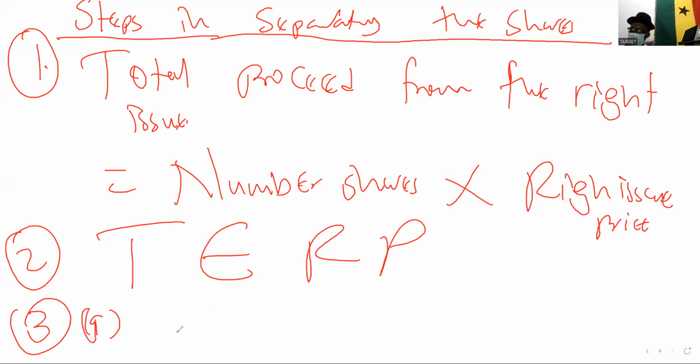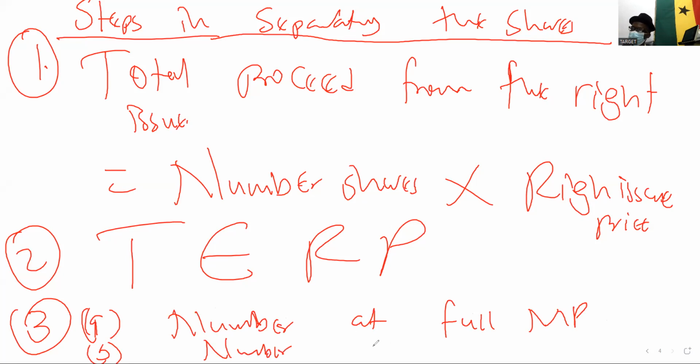Then step three, you calculate the number of shares that come in at full market price, and then the number of shares at free, or bonus. So I'm done. That's all. If you know this, it's not a problem.